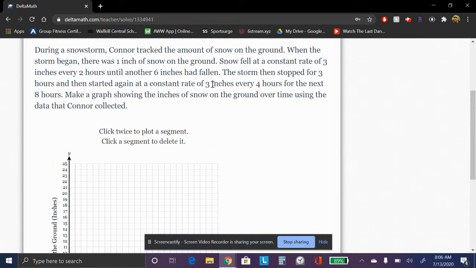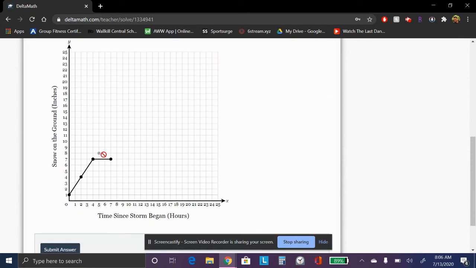Then started again at a constant rate of 3 inches every 4 hours for the next 8 hours. So 3 inches every 4 hours. So that was 4 hours, and I got to do this again to get 8 hours. Up 3 over 4.